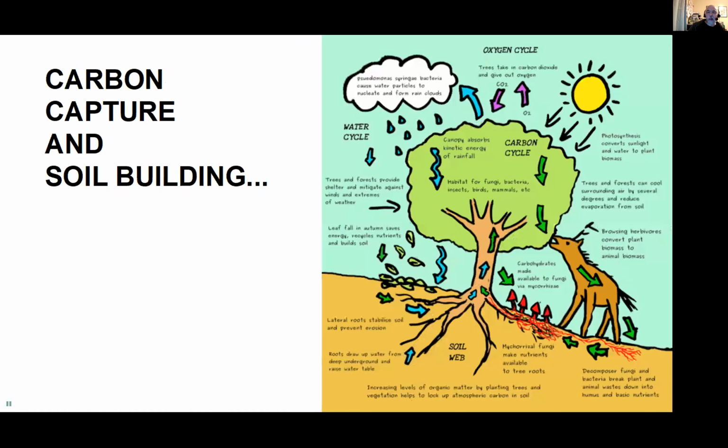And of course, carbon capture and soil building, which we went into in a bit more depth in the last session. If you've got a small back garden and you create a little forest garden, or a community garden, or your allotment, that's not going to make a huge difference in terms of carbon capture.